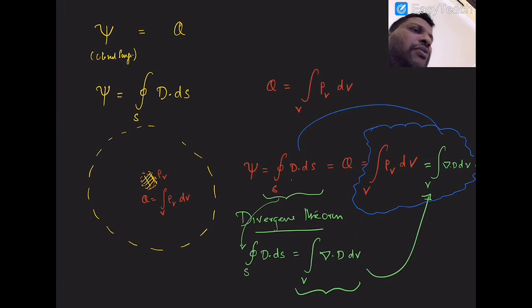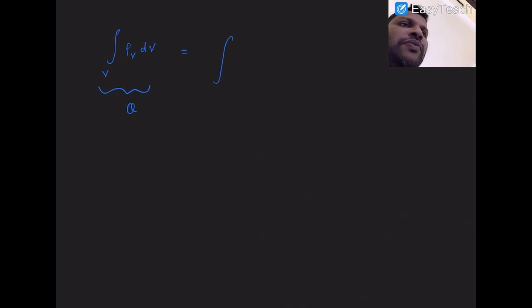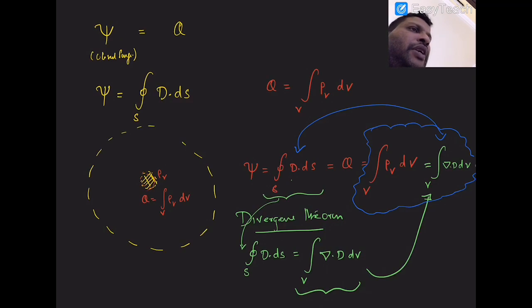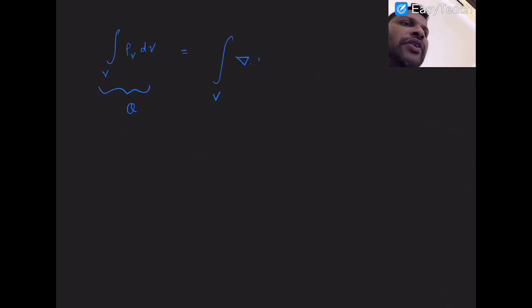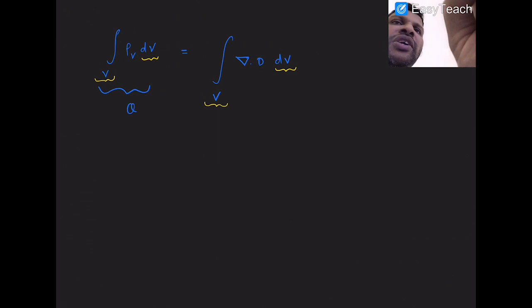This will be equal to, you see these are equal, that's what the divergence theorem says, the integral over volume of del dot D dV. So if you equate these two, you can see this is dV, this is dV, and this is a volume integral, and this is also a volume integral. Now I can equate these two.